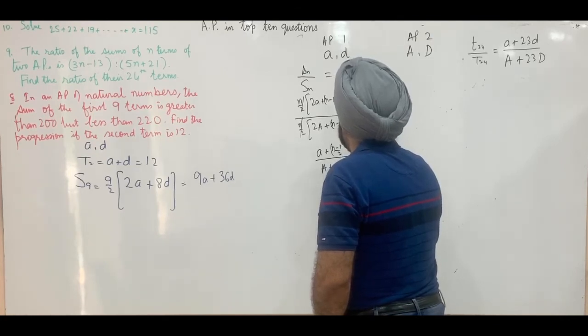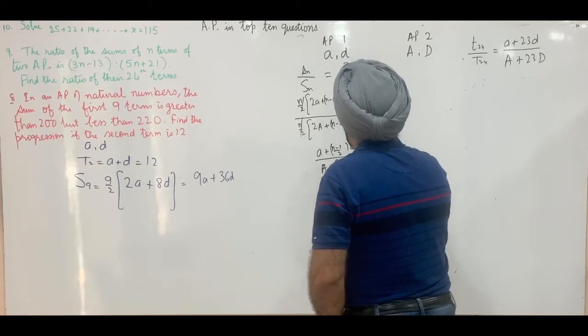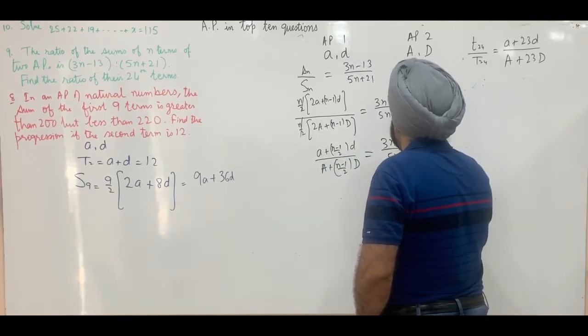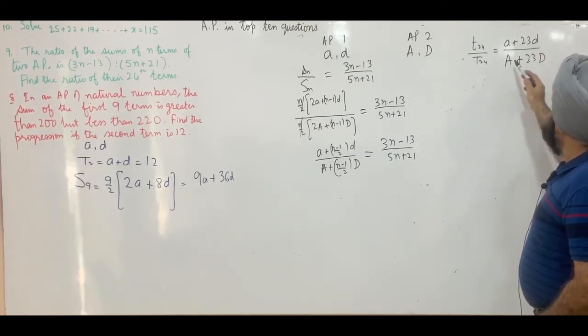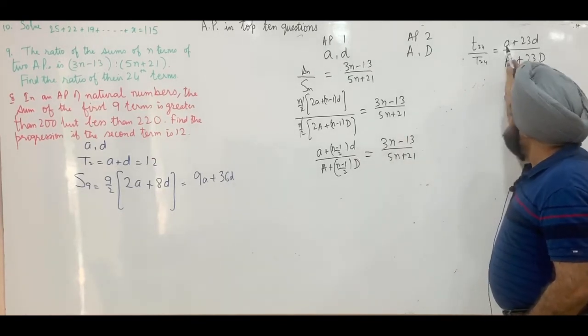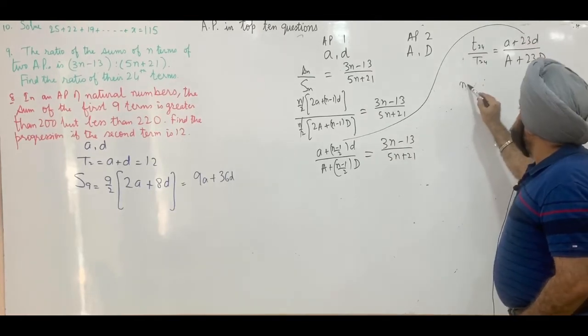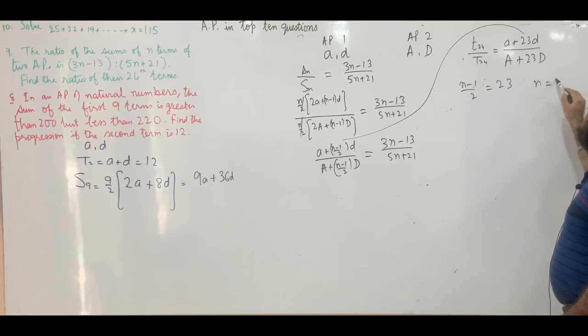This gives a plus (n minus 1) by 2 into d, upon capital A plus (n minus 1) by 2 into capital D, equal to 3n minus 13 upon 5n plus 21. Comparing this with a plus 23d, we should equate (n minus 1) by 2 to 23. That's n equal to 47.